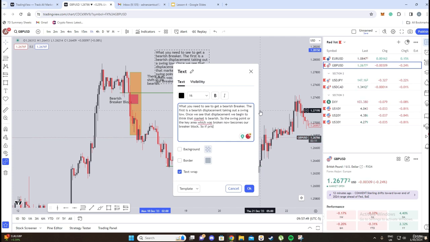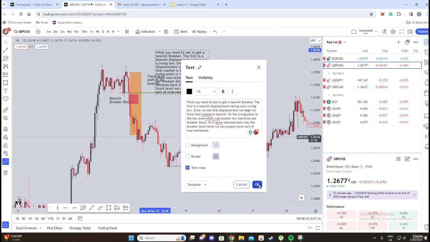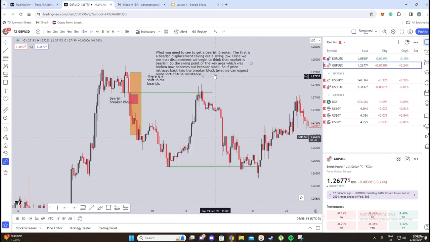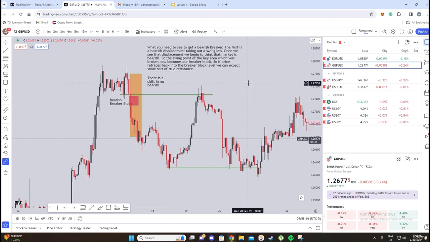So if price retraces back into the breaker block level, we can expect some sort of true resistance. And this is the true resistance, the breaker blocks and the order blocks. That's what they count as true resistance and true support. Not equal highs and equal lows, that's our liquidity.